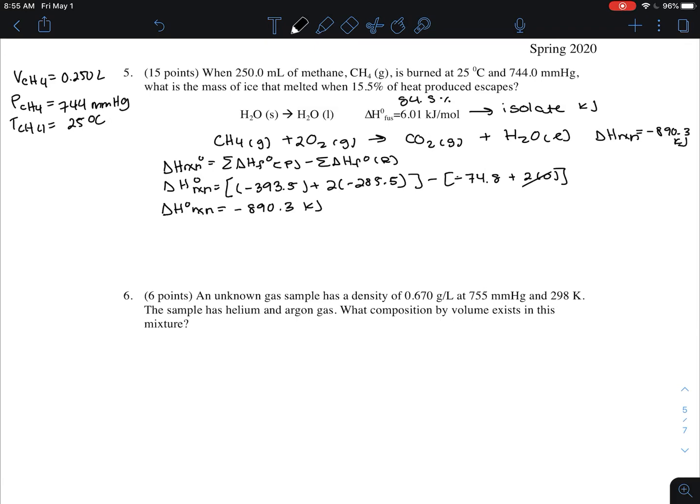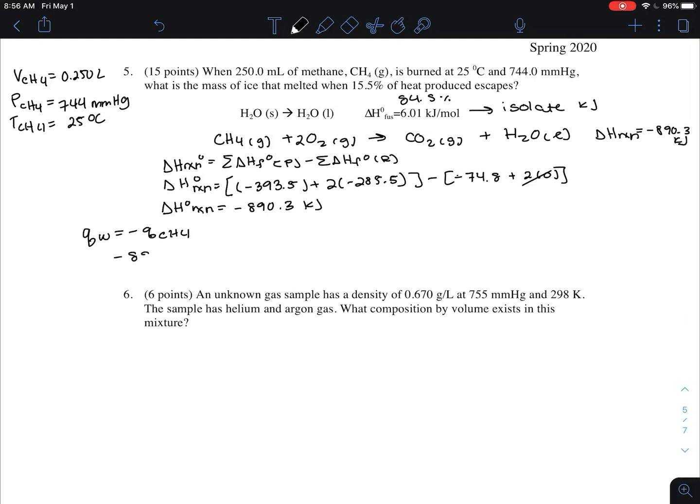So what it means is that the heat that was released by the methane combustion gave the water enough heat to melt. So the heat of the water is equal to the heat of methane. Well, I know that methane is negative 890.3 kilojoules. Now the stoichiometry is 1, so per 1 mole of methane, that looks like a negative sign.